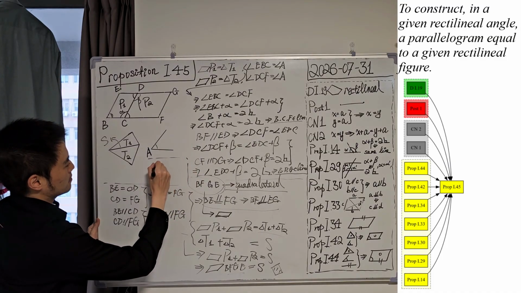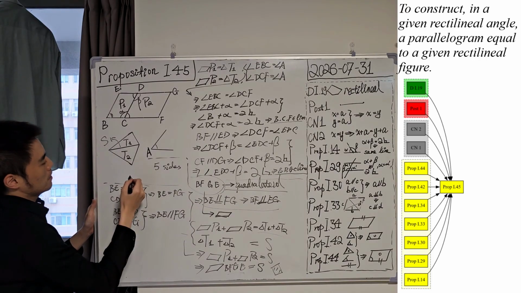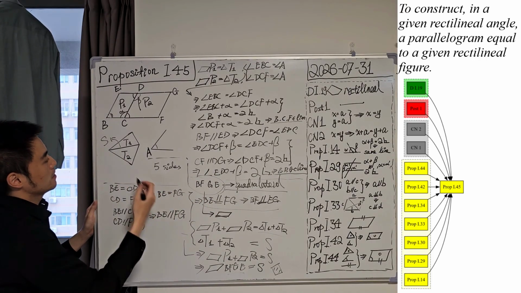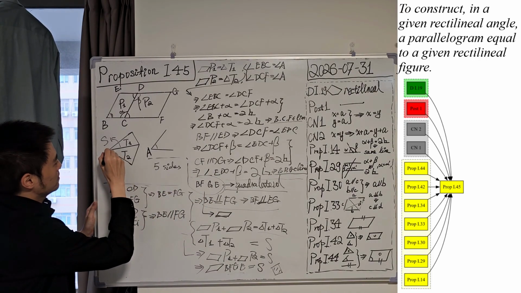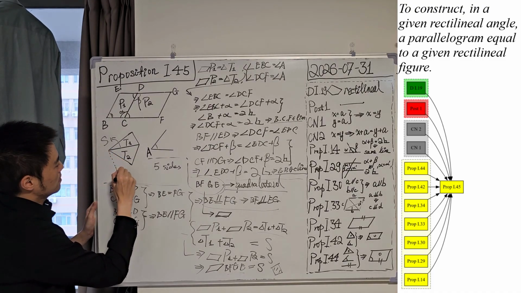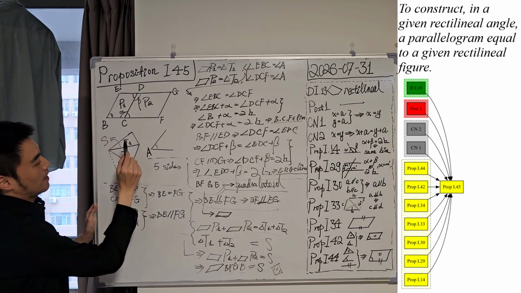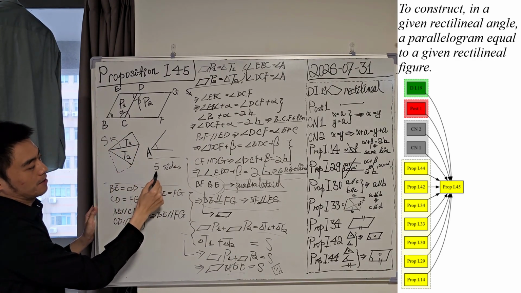For example, it has 5 sides, and then with the same method we can at first, let's say 1, 2, 3, 4, 5. It has 5 sides right now, right?